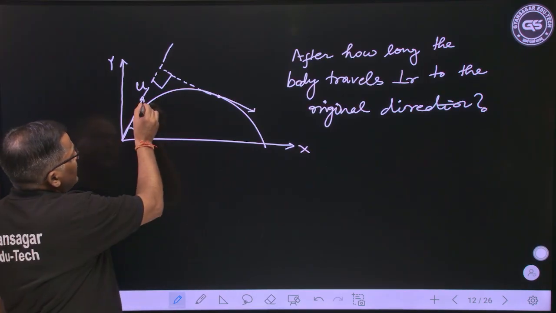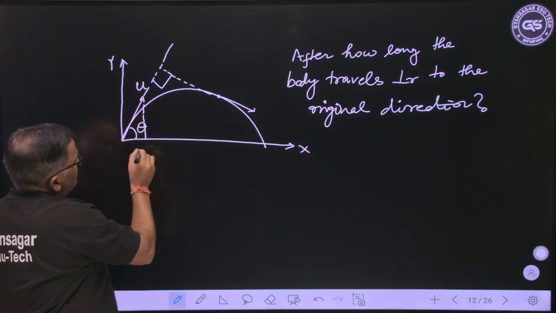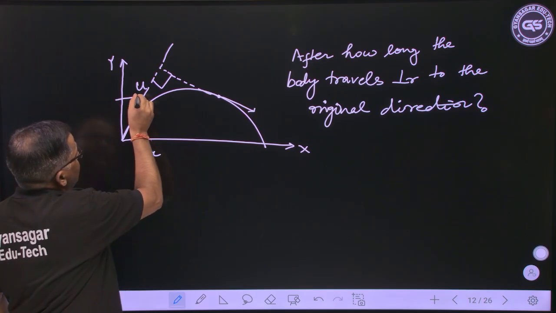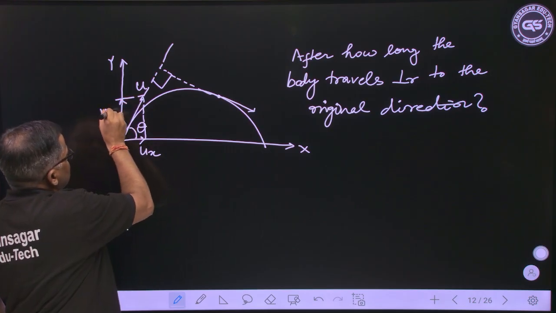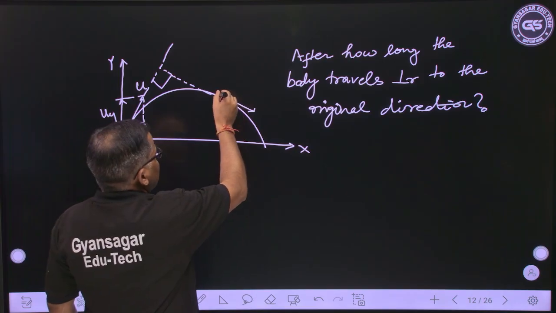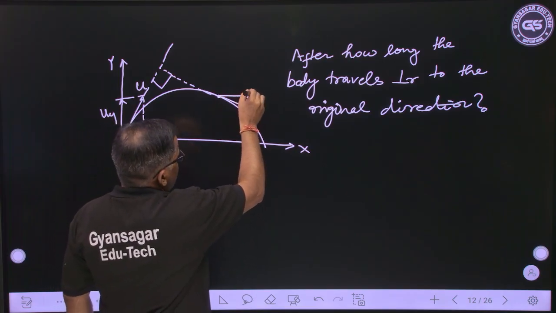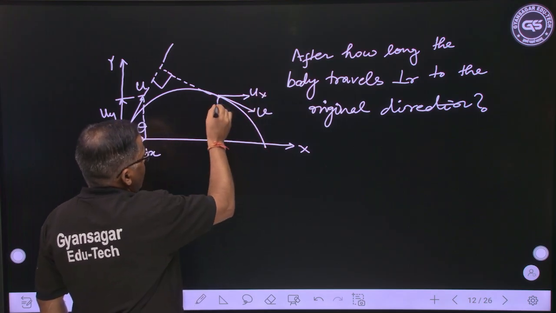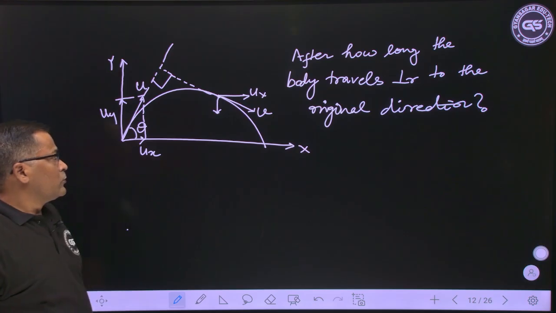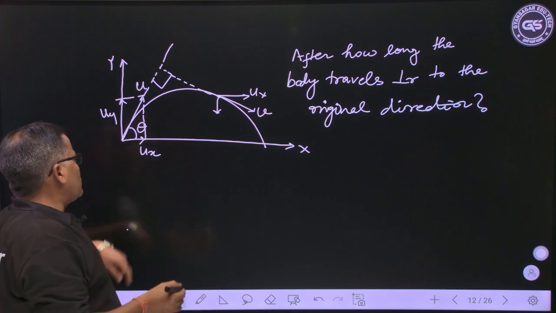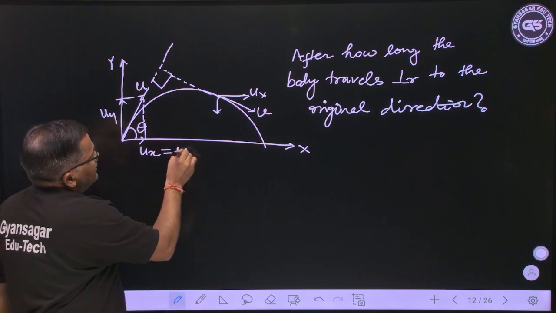Now how to do this? How to draw this question here? Actually, this is ux and this is uy. Now this ux will always remain same. Let me say v. So ux is always equal to u cos theta.